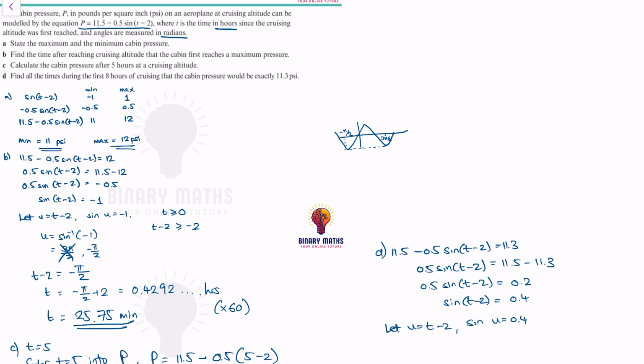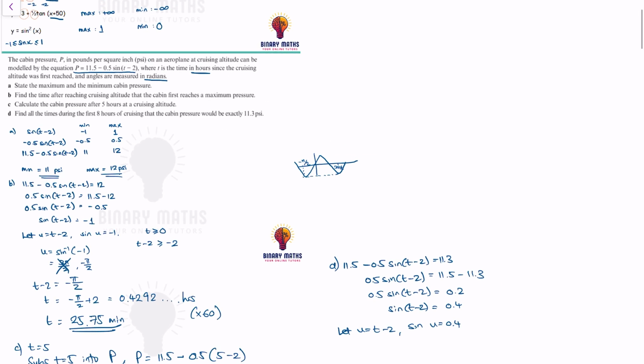Now I need to adjust my range because I've done a substitution. They said during the first 8 hours, so t is between 0 and 8. If I subtract 2 from both endpoints, then t minus 2 is between minus 2 and 6.